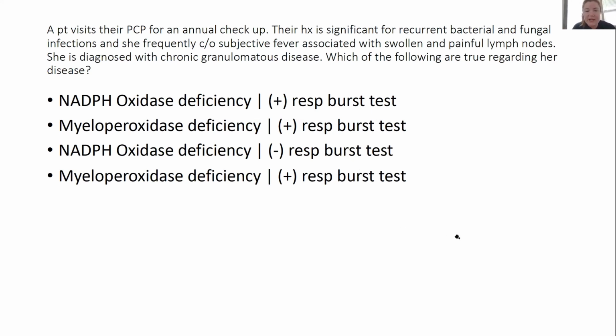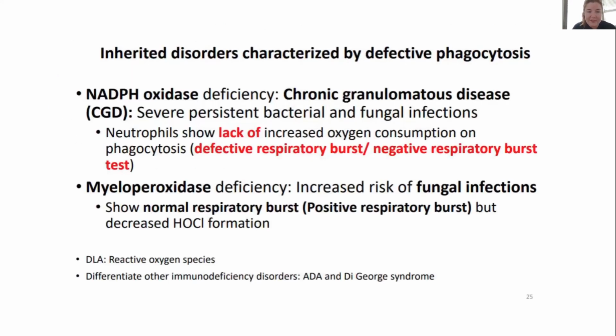It's NADPH oxidase deficiency and negative respiratory test. I put this on here because you need to know the difference between the deficiencies and the respiratory burst tests. Brady had this slide up in his section as well. Make sure you know this, because on the exam, they will probably have a question or two about each of these. One of the things that can help you narrow down is the positive versus negative respiratory burst test.